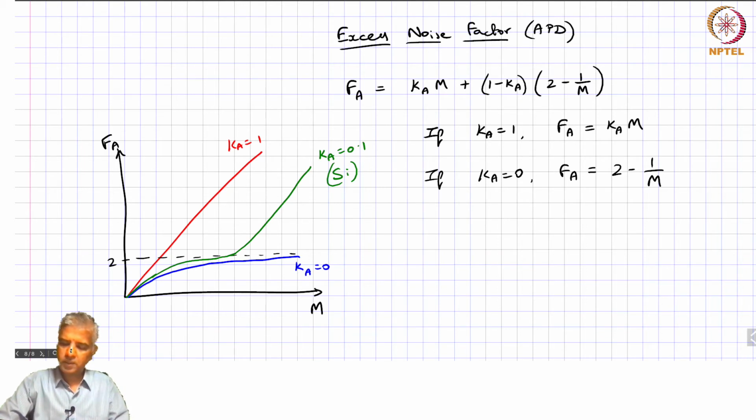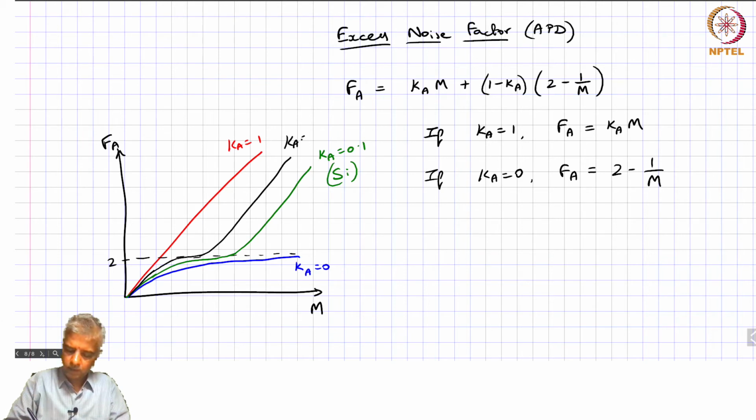So just to complete the picture, let's actually look at Ka equal to 0.5, and that again is going to look similar to this case of Ka equal to 0.1 at low values, but then as you increase further, it's going to start behaving like the Ka equal to 1 case at higher values of m.